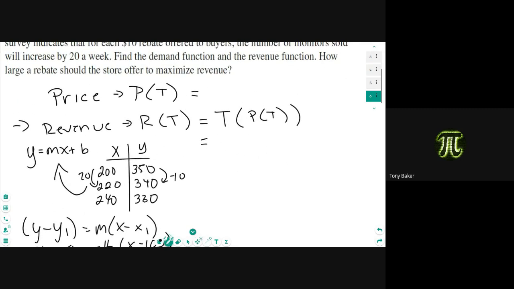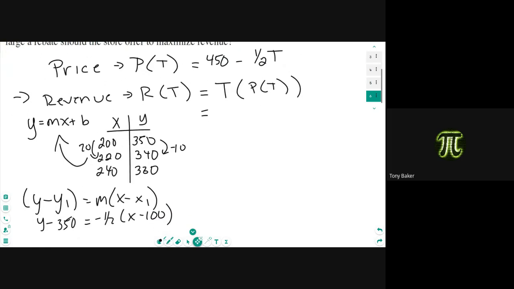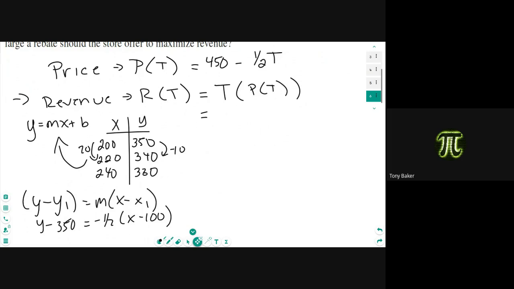So I end up getting 450 minus 1/2 t. So then my revenue is the number of TVs times 450 minus 1/2 t.